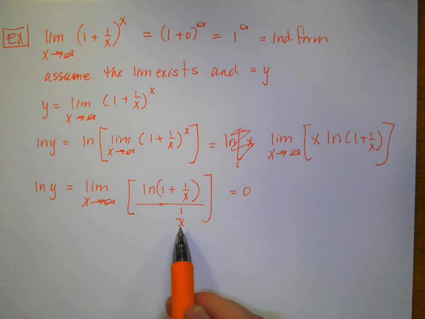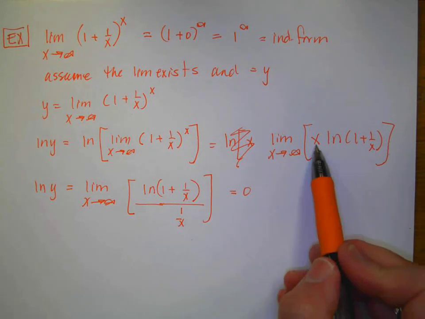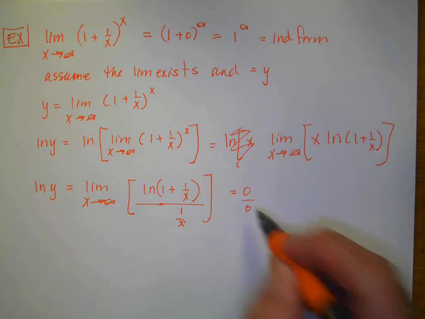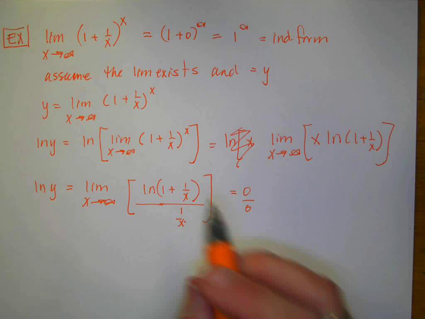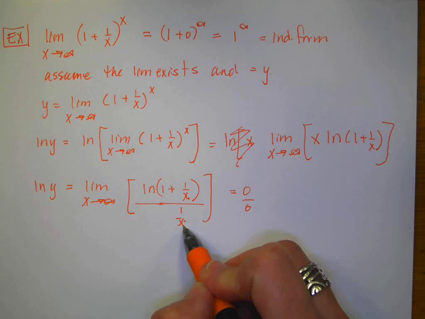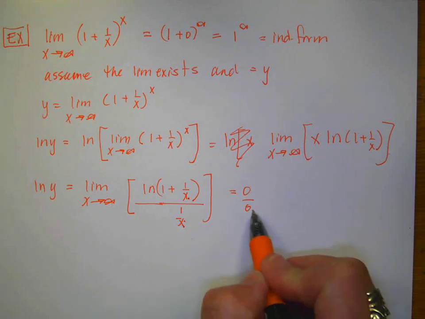Let me explain where this came from. Right here I had an x, but if I rewrite it as 1 over x in the denominator, it's the same thing, and this creates my indeterminate form, because as x approaches infinity, the numerator approaches 0 and the denominator approaches the horizontal asymptote 0, so I still have the indeterminate form 0 over 0.